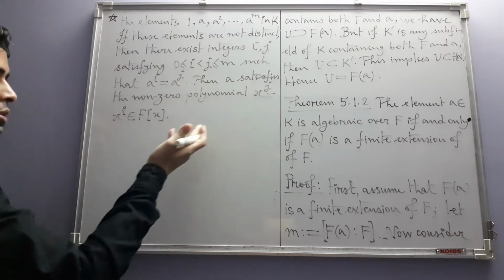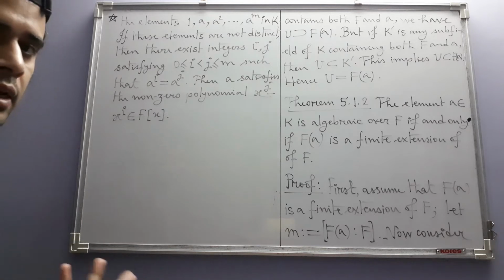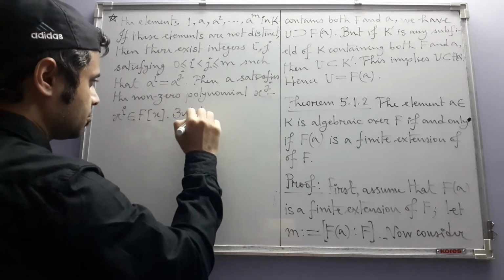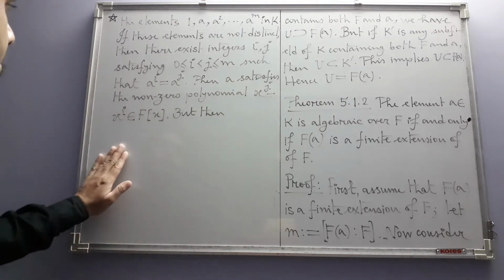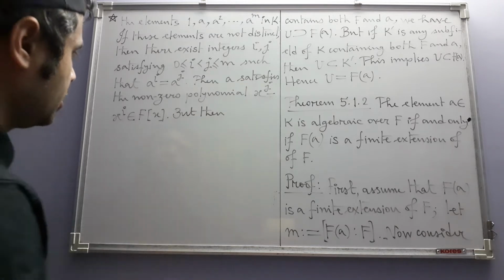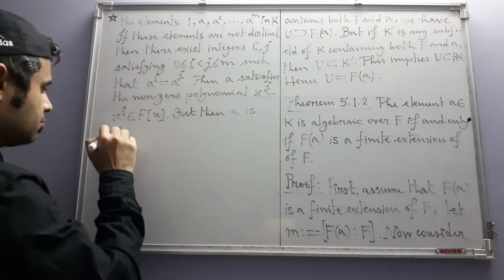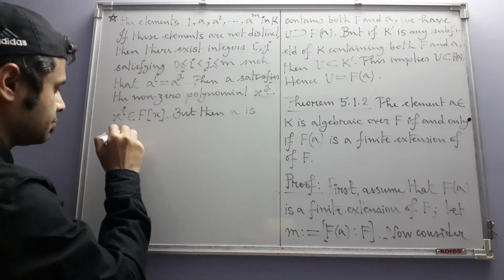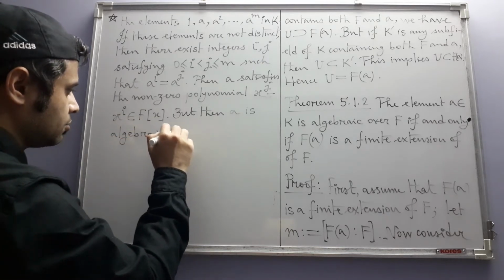But then since A satisfies such a polynomial, by the definition of algebraicity, A is algebraic over F, because we have to also consider the case where these elements are distinct.